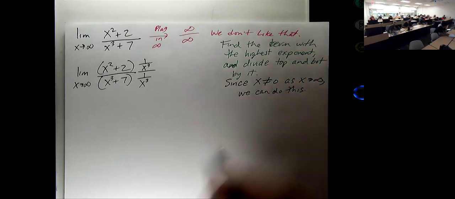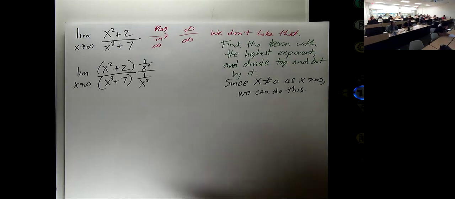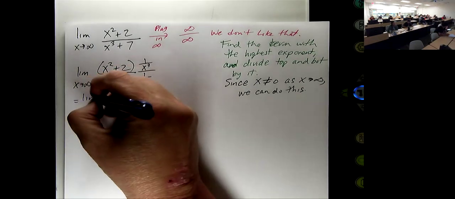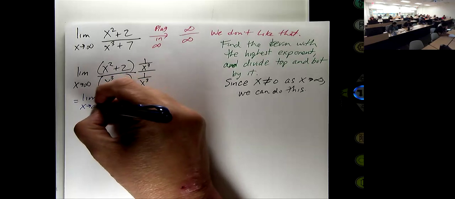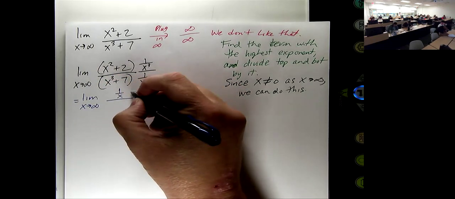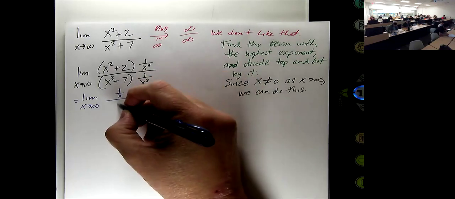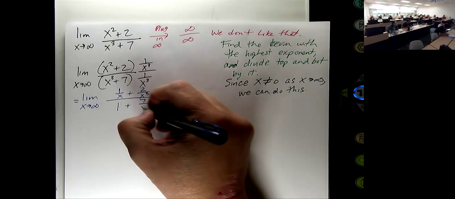It's effectively like multiplying by 1. When we do, the top becomes 1 over x plus 2 over x cubed. The bottom becomes 1 plus 7 over x cubed.